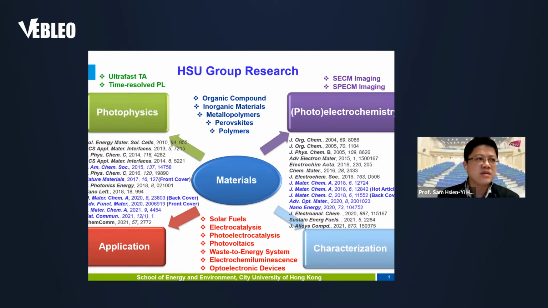After the detailed characterizations of the materials for the photophysical and photoelectrochemical properties, we will determine what kind of applications is suitable for those materials we design. So it really depends on the photophysical and photoelectrochemical properties.